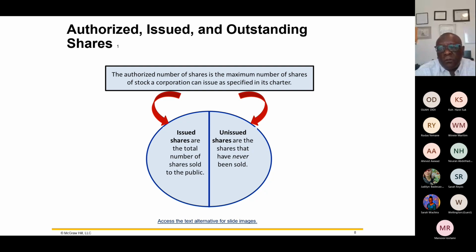If I say this company authorized share is 5 million, what do I mean? I think, Professor, it's the number of shares that the organization can issue to shareholders. The number of shares that they did what?